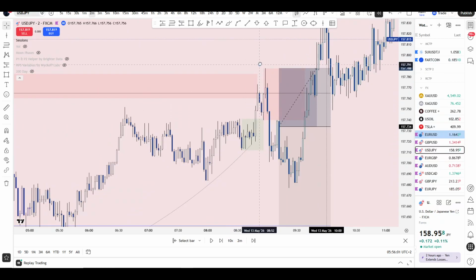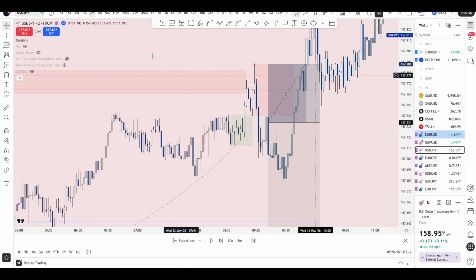So this is typical for session openings, that we front run the session open, and you can see around 9, actually exactly here, London opens, and we got an aggressive move up, creating demand.